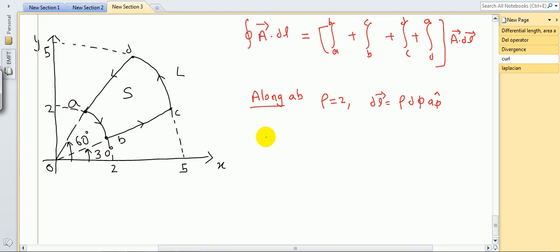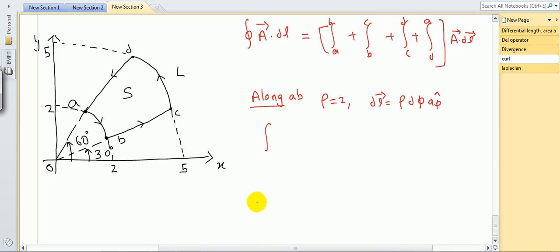So I will simply integrate the A dot dl, and in the A vector I have to consider only the phi component, because A phi dot A phi will give only the non-zero result. A phi dot A rho will give 0, because A phi and A rho cap are mutually perpendicular to each other.